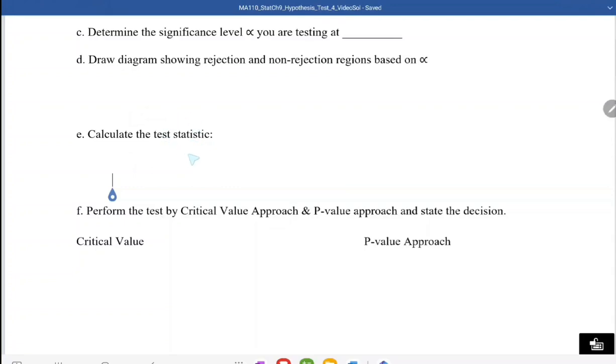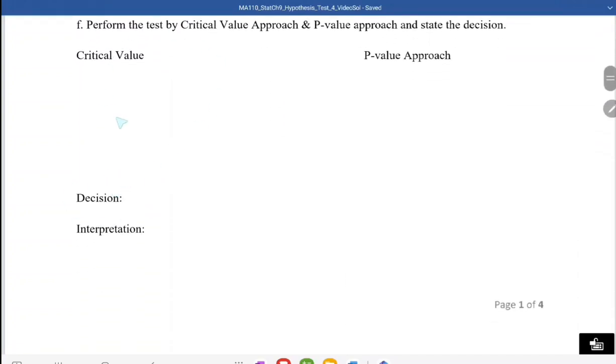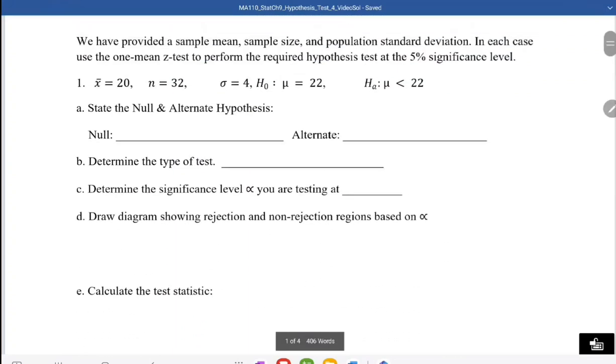Before that, we will also be calculating our test statistic, and then we will take a decision based on what we find from these two approaches, and then at the end we interpret our hypothesis test.